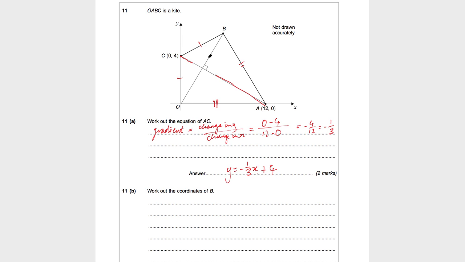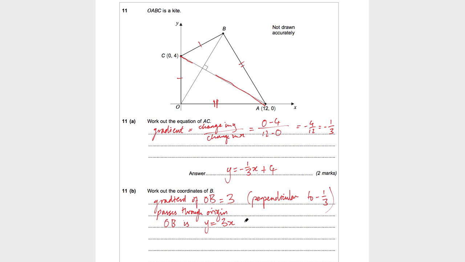This has a gradient that is perpendicular to this one. So gradient of OB is 3, perpendicular to minus 1/3, the line AC, and it passes through the origin, so OB is y equals 3x plus 0.